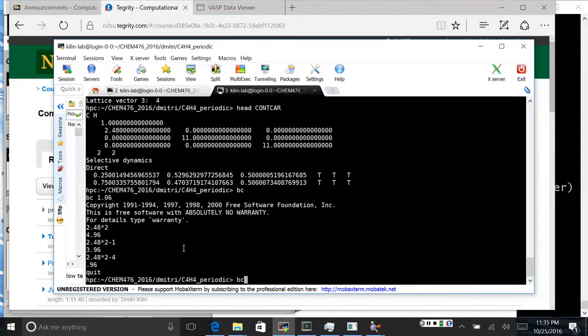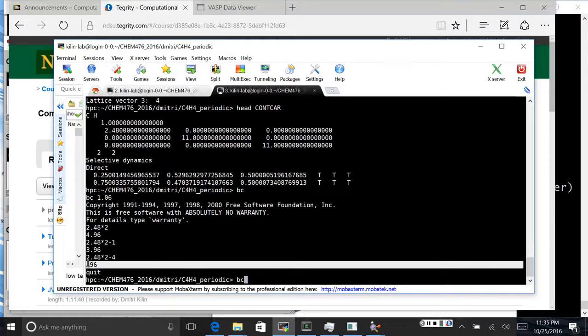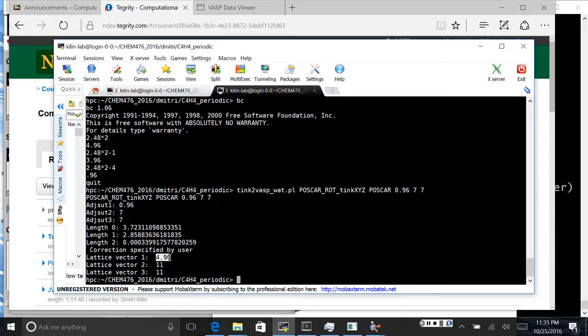Great. So look at this number. It is the adjustment parameter that we need along the x-axis. And we can do 0 for y and z. Hit enter. And now you see the size of the periodic cell in x direction is 4.96, what we wanted, what we had here. Okay?